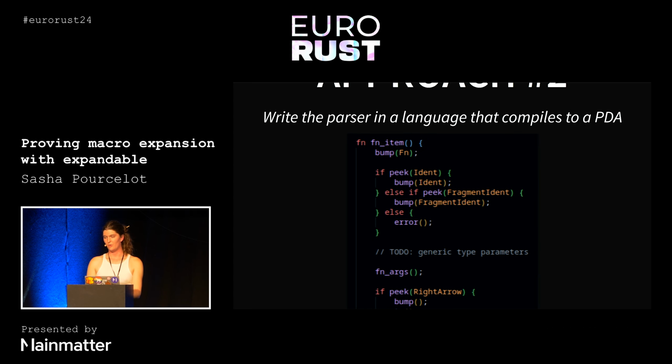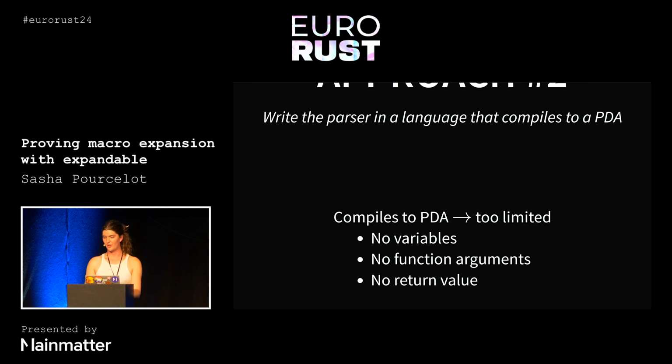My next idea was to write a tiny compiler for a language that I will use to write the parser, and then compile it to the same push-down automaton I showed earlier. So here is an example of code. This worked extremely well, except compiling to a PDA, a push-down automaton, is not enough.